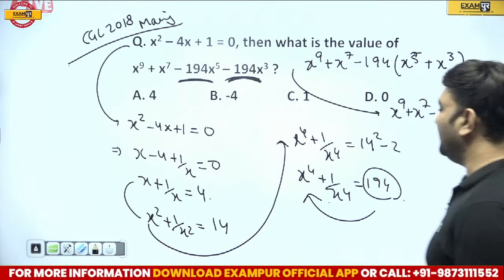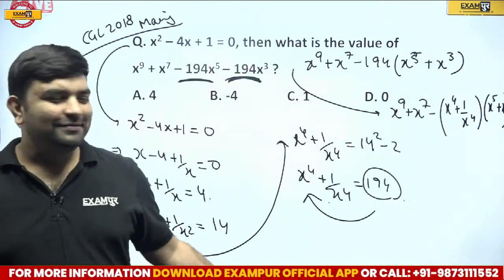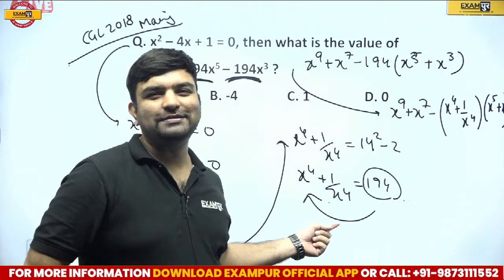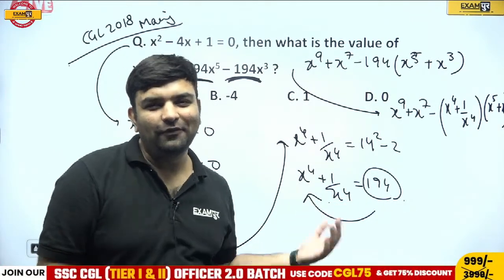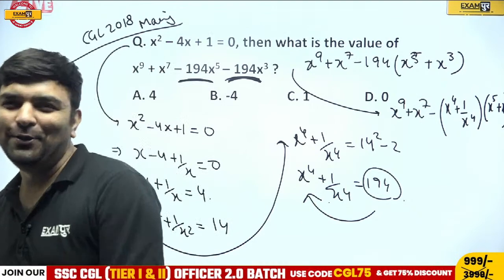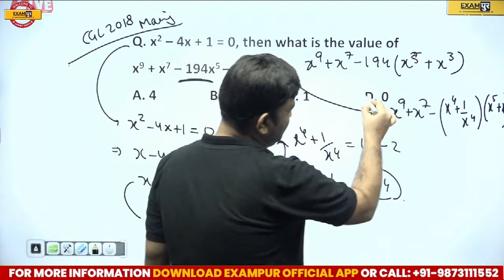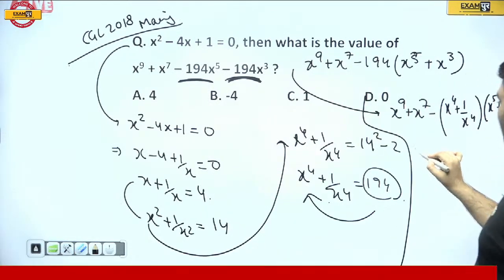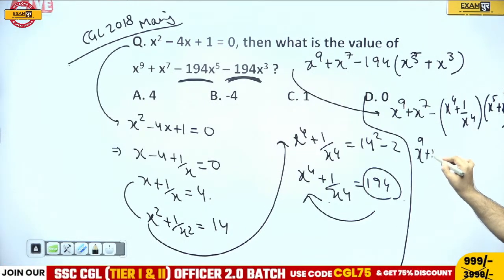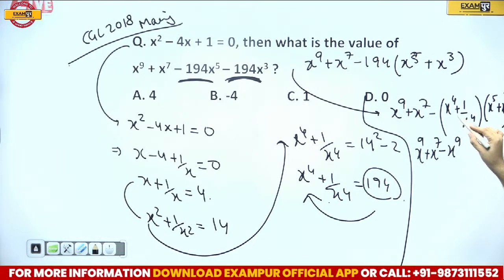For the first time in history, you might be seeing that a value is being put in as x. Till now, we always put x as value, and now a value is being put as x. So x to the power 9 plus x to the power 7 minus x to the power 9, this into this, and minus x.